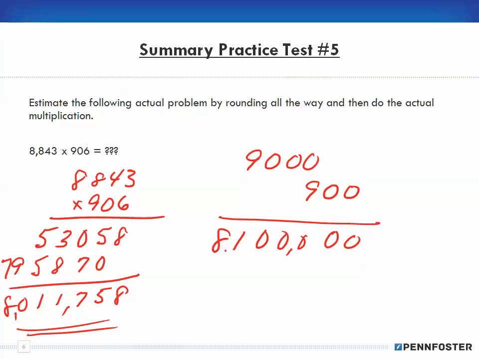So I have 8,100,000. By writing the 9K and then the 900, notice I'm having a difficult time figuring out where my zeros go. So it was easier for me to just use the actual numbers instead of the K. But in either case, that's the answer when I round.